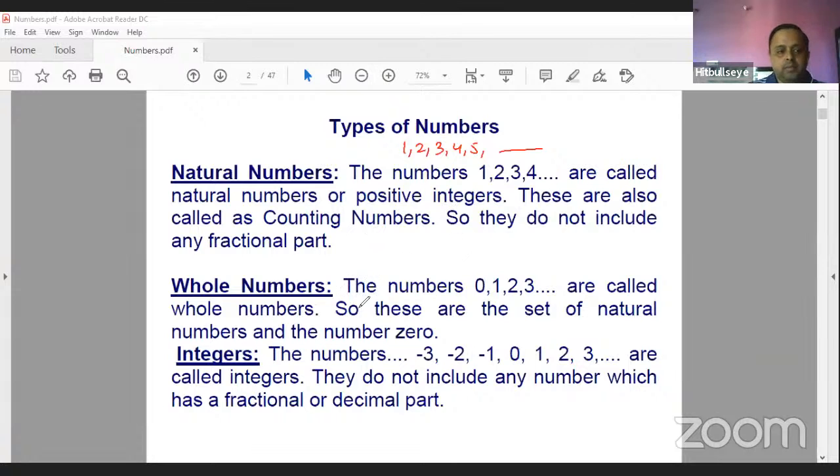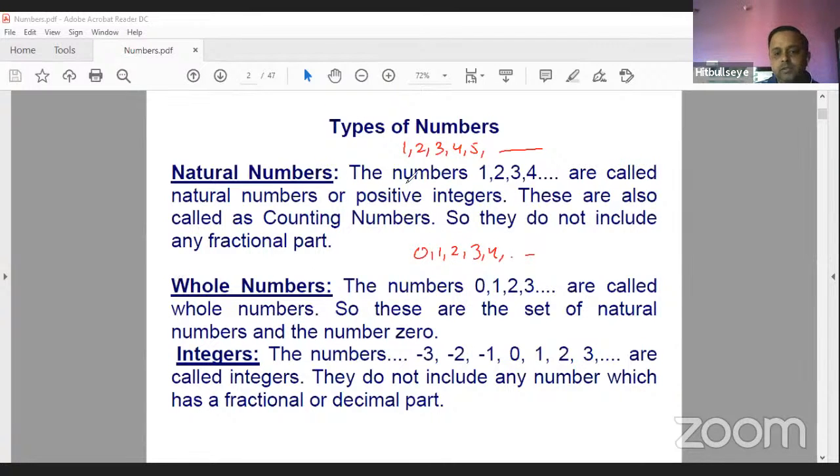Next, we have whole numbers. Now, the only difference between the whole numbers and natural numbers is that in the case of whole numbers, 0 will be included. If I include 0 to the set of natural numbers, the set that I will get is the set of whole numbers. So whole numbers are nothing but 0, 1, 2, 3, 4, 5, and so on.